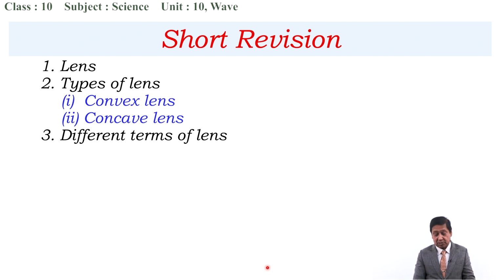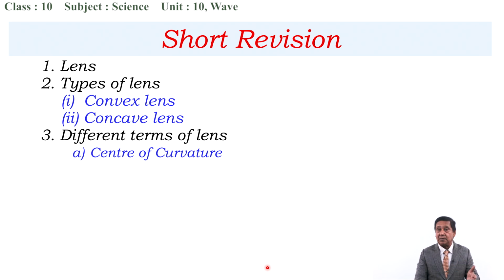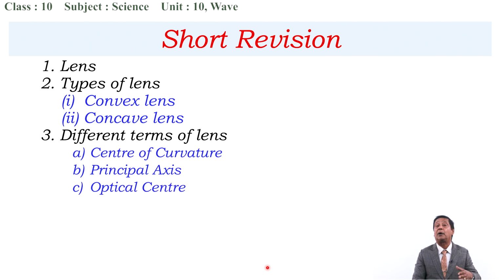And different terms related to the lens I also described with the help of a diagram. What were they? Center of curvature, isn't it? The center of curvature means the center of a sphere with which the surface of the lens is made. Another is the principal axis: the line which joins the two centers of curvature of the lens is called the principal axis. And the optical center is the center of the lens through which light passes straight.